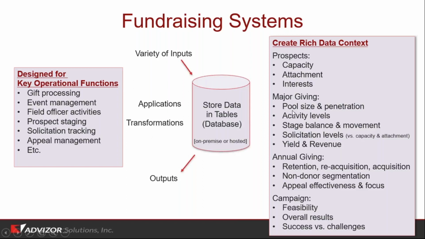Major giving: we can look at portfolio or pool size and penetration levels. You'll see some of this a little later. Activity levels, stage balance, movement through stages, solicitation levels. Are we asking at the right level relative to the capacity and attachment of the prospects that have been assigned? Is a $300,000 ask good or bad?